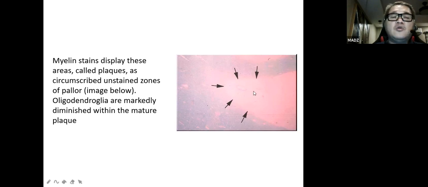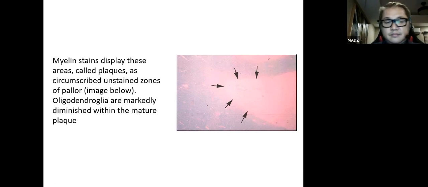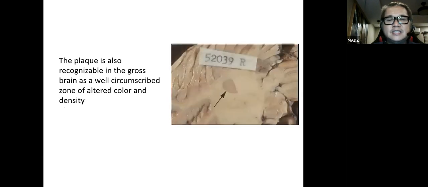Okay, so the oligodendroglial cells also are markedly diminished within the plaque itself. And that's how you examine a plaque, by doing myelin stains.